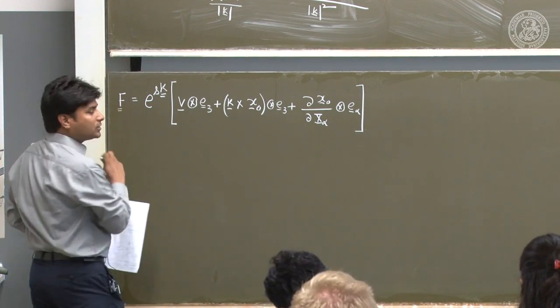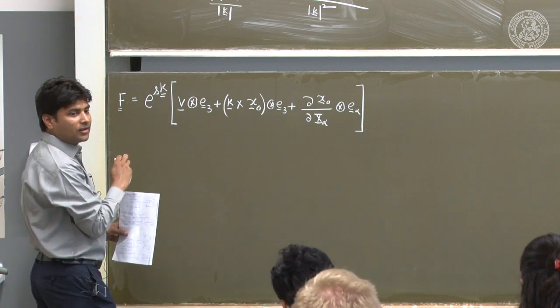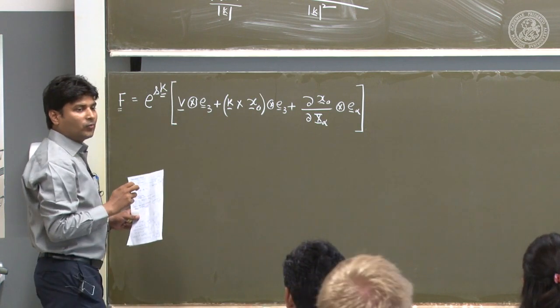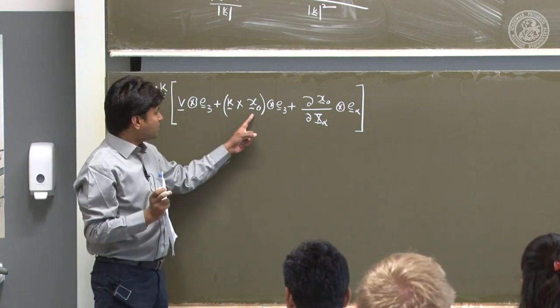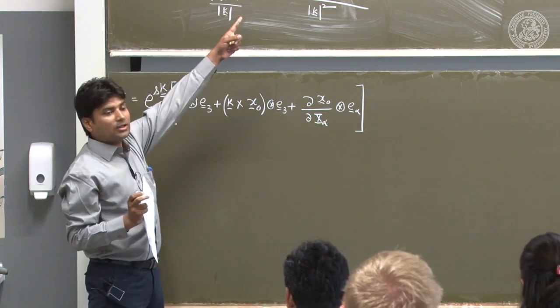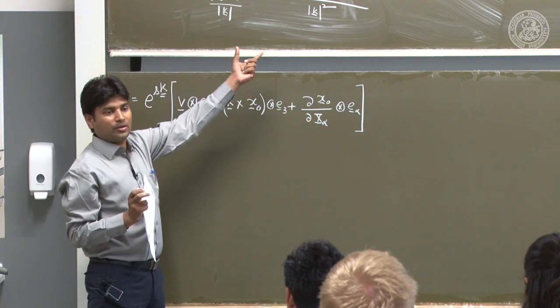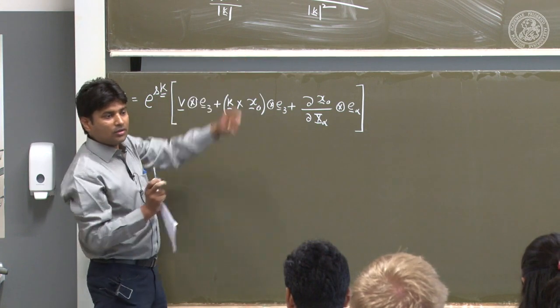Once we have the deformation gradient, how to get your little x naught? We know that little x naught would be such that the cross sectional energy should be minimum, right. That is the guiding principle to get the warping.